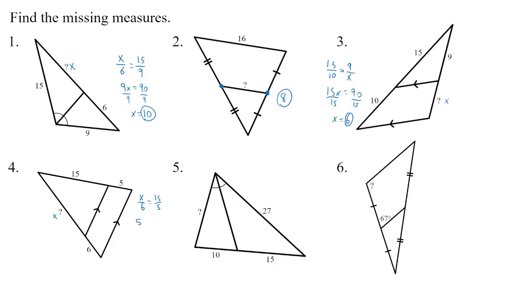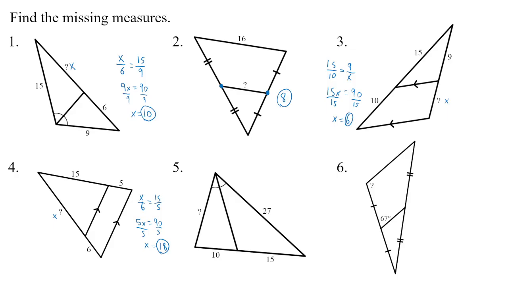Cross multiply, we get 5x equals 90. Divide both sides by 5, and you would get 18. So the solution is 18.